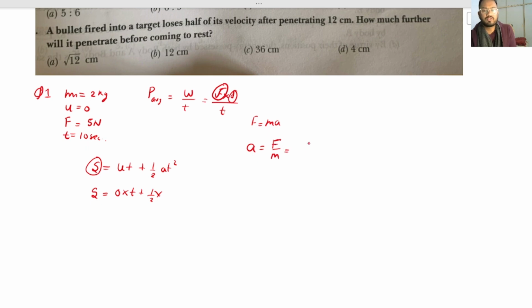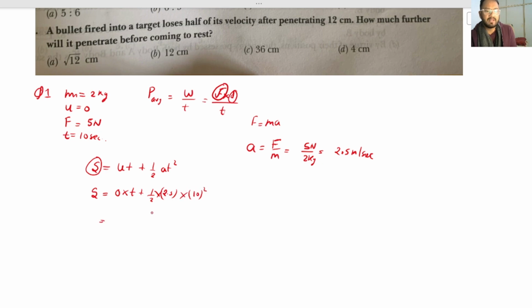So force is 5 Newton upon mass 2 kg. So it will become 2.5 meter per second square. Newton upon kg, when we convert it, is 2.5 meter per second square. Done. So we'll put 2.5 into time 10 second, so 10 square.